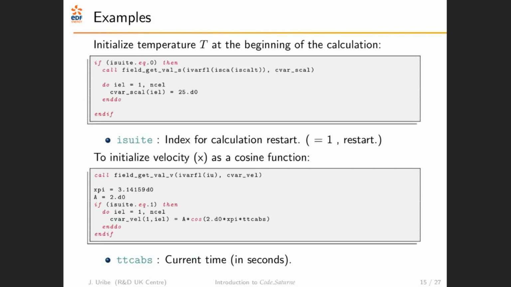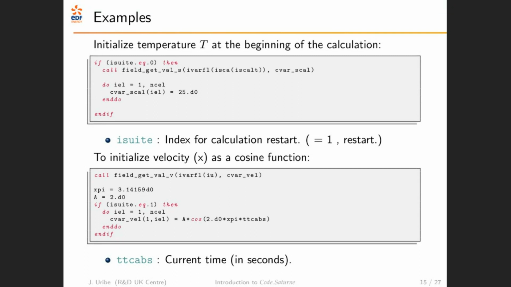There's another example here. This is how to initialize the temperature. This would be in CS_U_initialization. This first test here, ISUITE, is an index that tells Saturn whether you are restarting a calculation from a previous one or not.